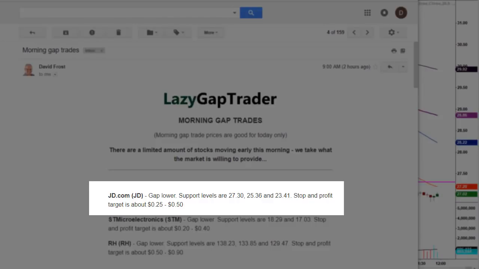Support levels are 27.30, and then I gave 2 levels below that. There are plenty of times where we get more than one trade or multiple trades on the same stock in the same day. So each of those price targets you see are separate and independent trade opportunities from one another. Stop and profit target is about 25 to 50 cents. These are minimum profit targets.